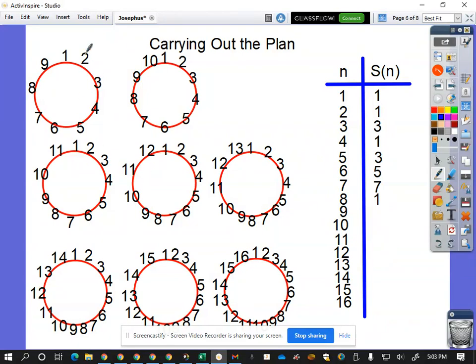So let's just take a look at some of these other ones here. We eliminate 2, and then 4, and then 6, and then 8. 9 eliminates 1, 3 eliminates 5, 7 eliminates 9, 3 eliminates 7, and it's just what we thought. 3 is the winner.